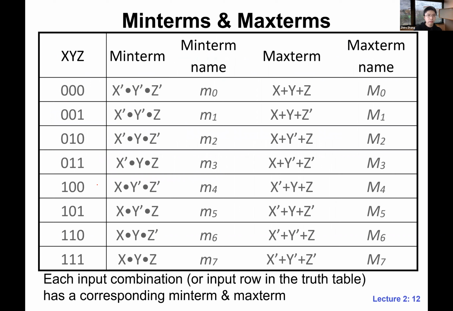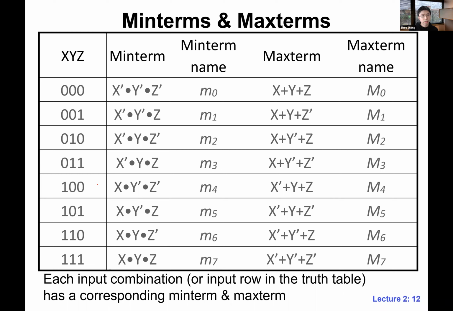Okay, so we just defined min terms and max terms. You can probably guess already, given a 3-input function, there are just so many min terms and so many max terms that we can define. So let's say we have a 3-input function again, X, Y, Z. Let's look at this table first.